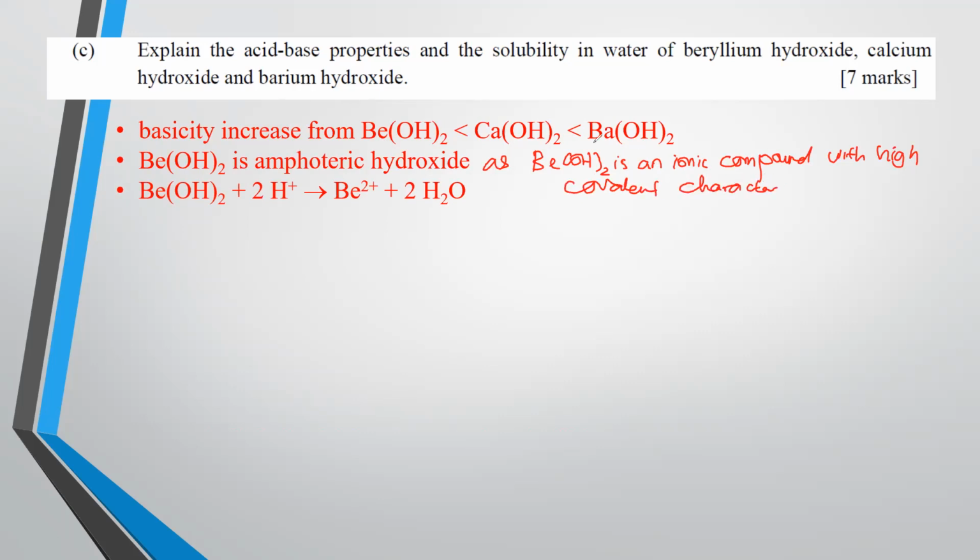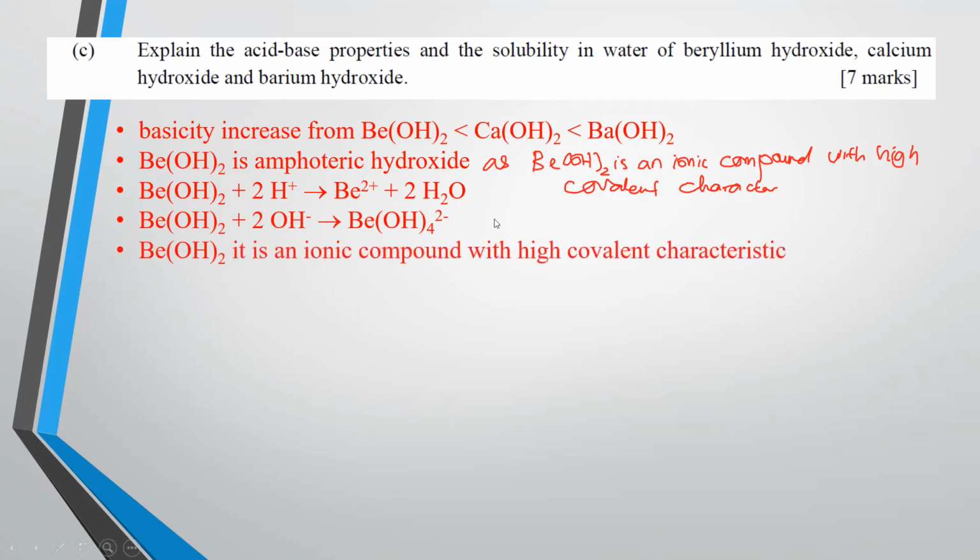Try your best to describe. Then you have to write the acid-base property and the solubility. So you write what happened when beryllium hydroxide dissolved in the acids and what happened dissolved in base. So these are the case for the beryllium.